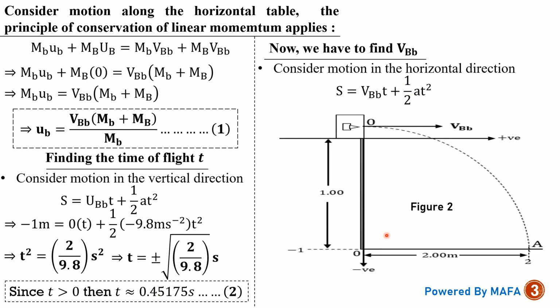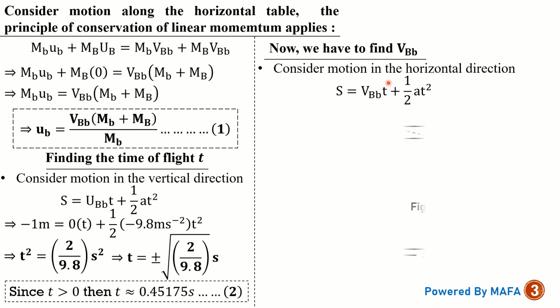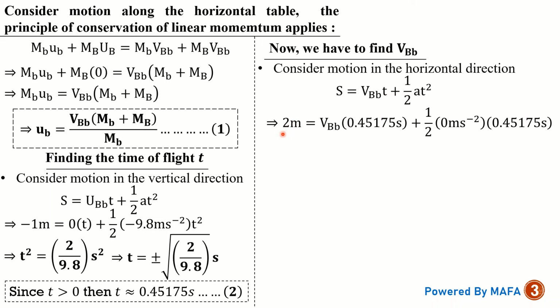The acceleration in the horizontal direction is 0. So the horizontal distance covered is 2 meters. Our v of b is what we need, and our t we just calculated, approximated to 0.45175 seconds. Acceleration in the horizontal direction is 0, so that term becomes 0. The term is supposed to be squared here, but anyway it also becomes 0, so no need.